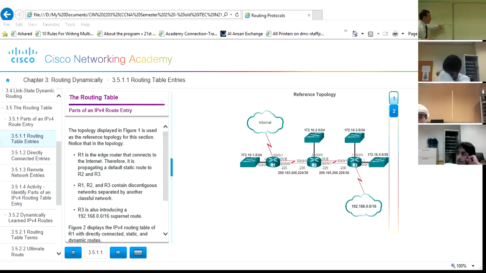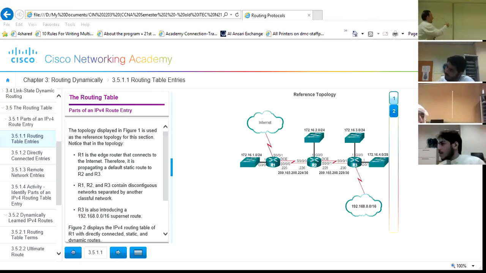But now, when we have a different major network and we cause a discontiguous situation, it will send only the summarized classful network. So it will send 172.16.0.0 only, without any subnet mask information.